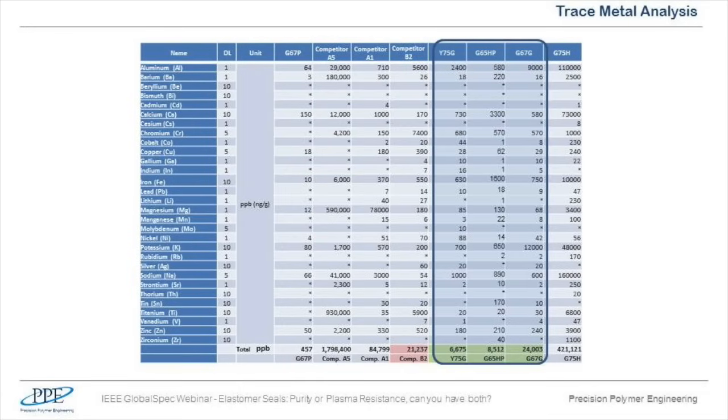Critical applications means where the elastomer part is in close proximity or in direct contact with the wafers, or directly exposed or immersed in the chemistry in the chambers. Our materials, Nanofluor Y75G and Perlast G65HP, are exceptionally pure, within the critical OEM levels. G67G is also providing a very clean material.